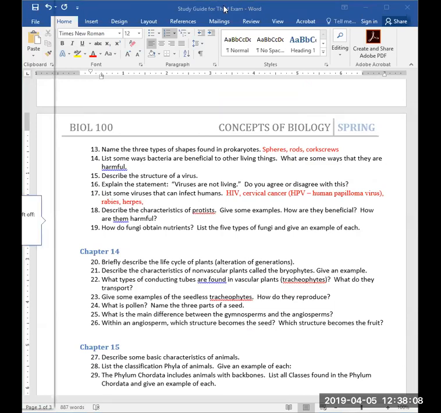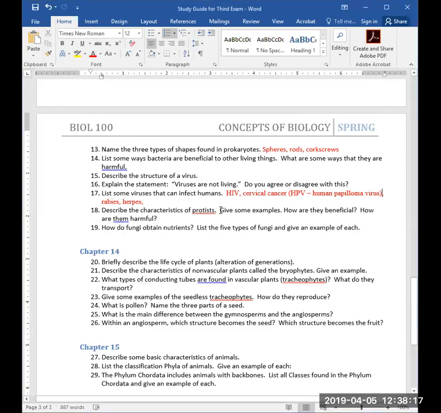Okay, so let's get the protists and the fungi. Are protists prokaryotic or eukaryotic? Eukaryotic, good.